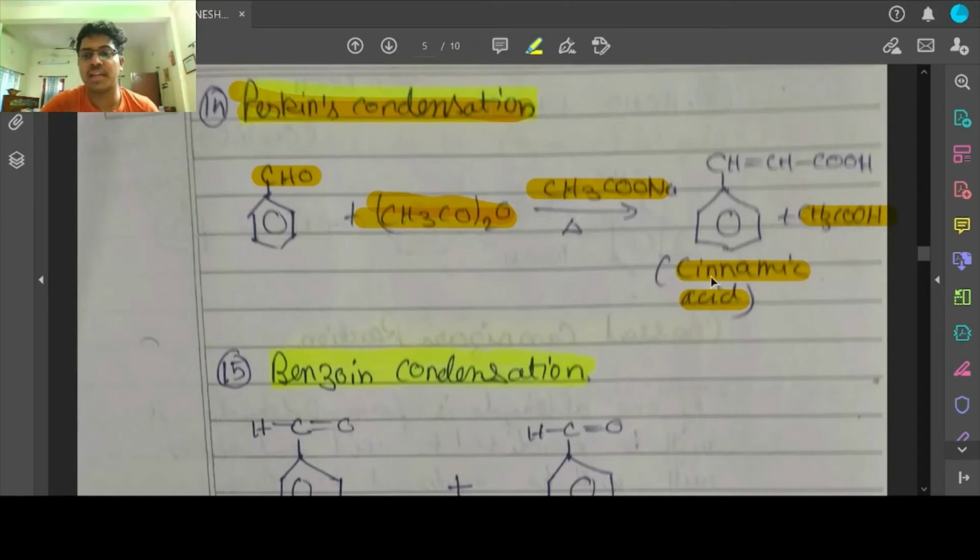Don't just remember the name cinnamic acid, you must remember the compound also. This is cinnamic acid: a benzene ring with CH double bond CH single bond C double bond O, OH. So benzaldehyde and acetic anhydride in the presence of the sodium salt of acetic acid give cinnamic acid and acetic acid. Let us move on, go through this one, because you need to know everything.